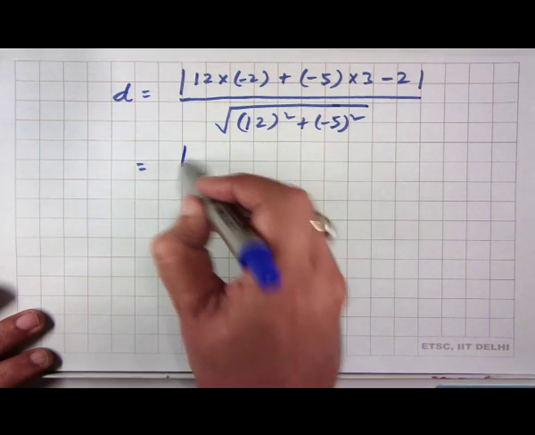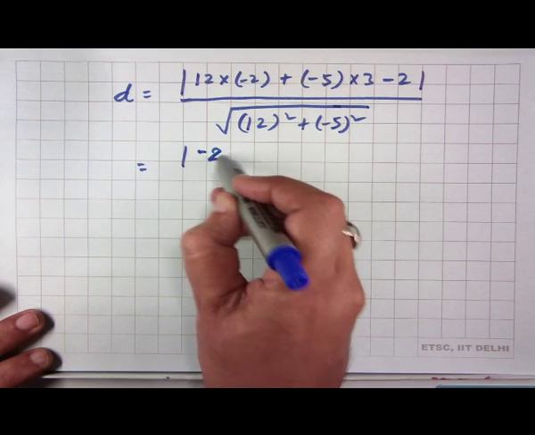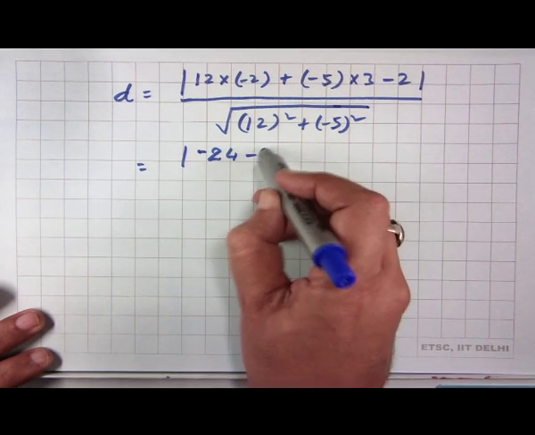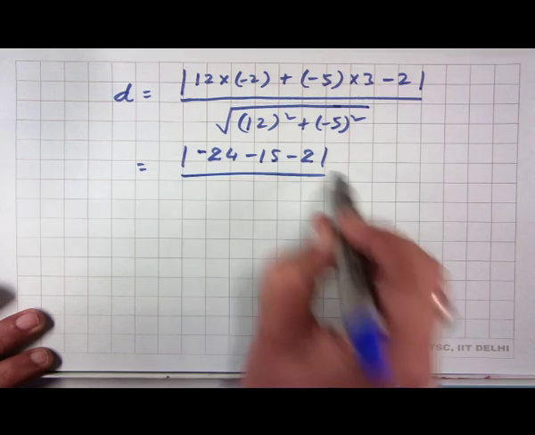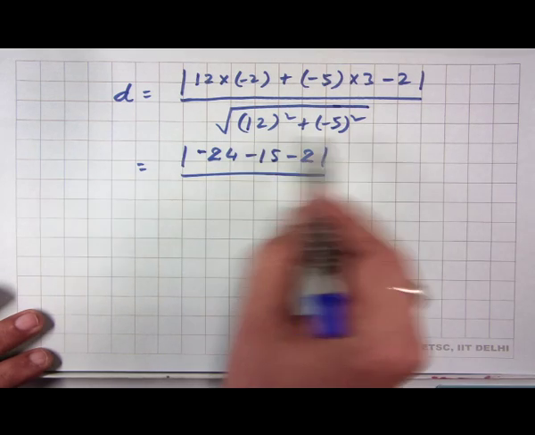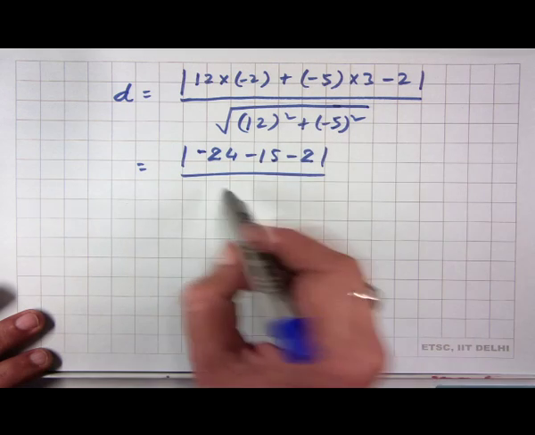So this is minus 24 minus 15 and minus 2, by 144 plus 25, which means 169.